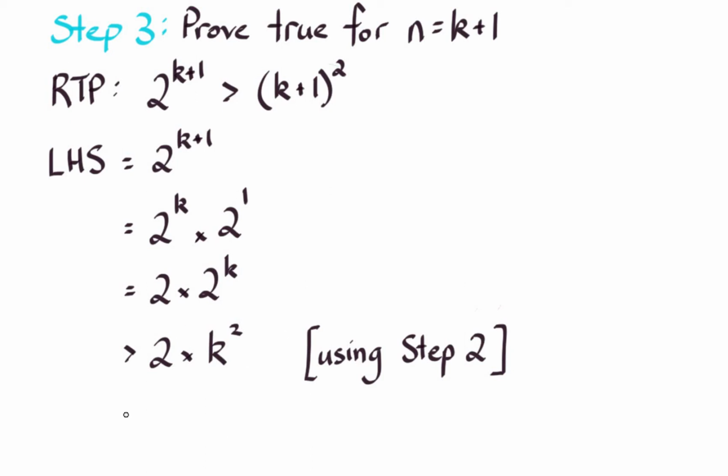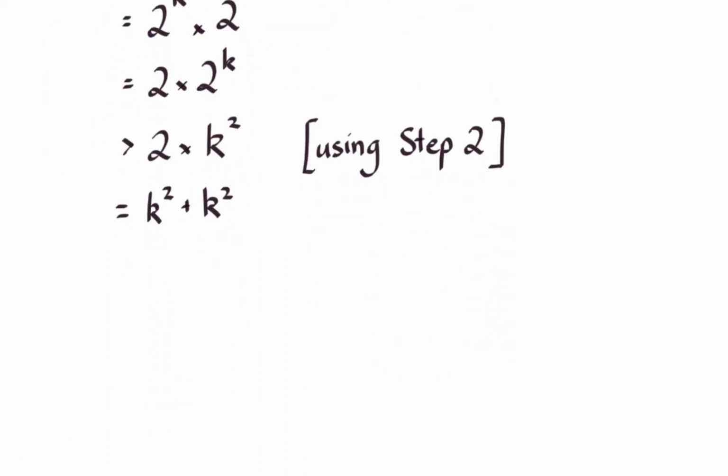So if we think of this left-hand side as 1 lot of k squared plus another 1 lot of k squared, then we can just focus on trying to show that k squared is greater than 2k plus 1, because that's the missing part from in here. So let's write that out. So we want to show that k squared is greater than 2k plus 1.